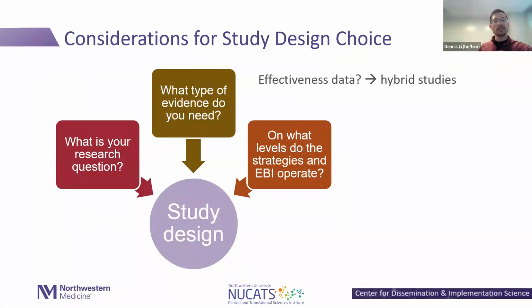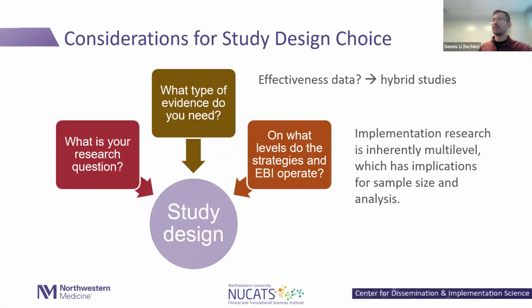In terms of the levels, implementation research is inherently multi-level because you have agencies or context, and then you have providers within context, and then your patients or clients within those. And so that has a lot of implications for sample size, as well as the types of analyses that you have to do. There's a lot of clustering and correlation, intraclass correlations involved. We won't get into those details today.